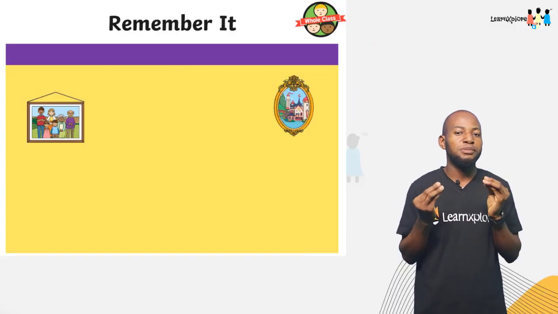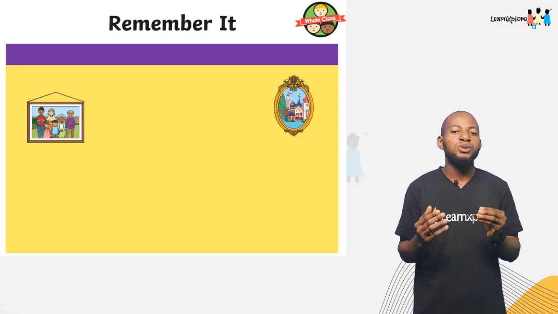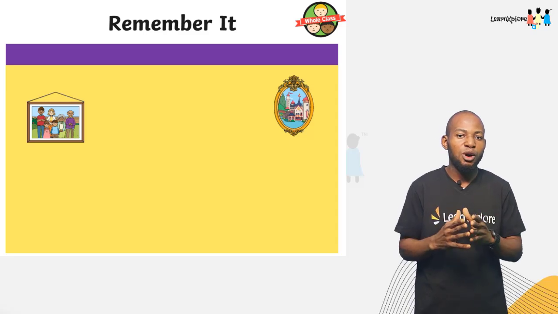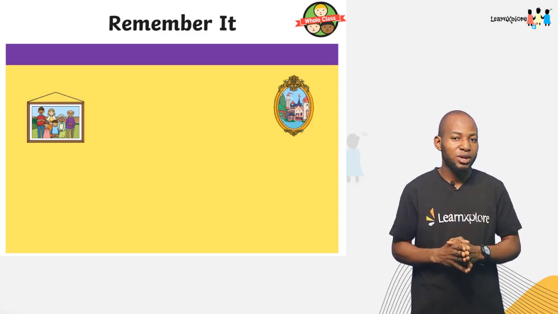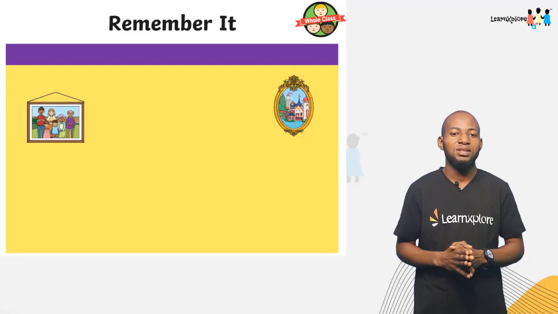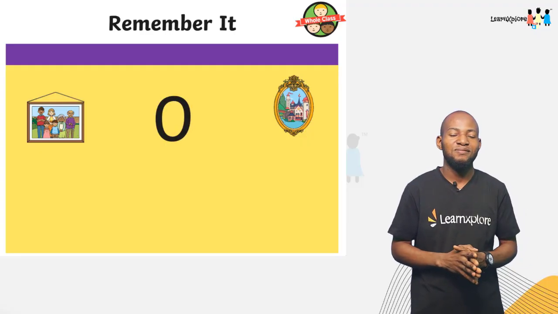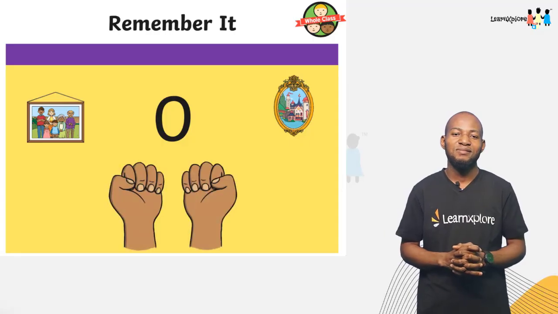In this lesson, you are going to learn how to make numbers to 10 from two parts. If you followed the previous lesson, when you see a numeral, hold up the correct number of fingers. Are you ready? Let's go. I want you to show this. Good.